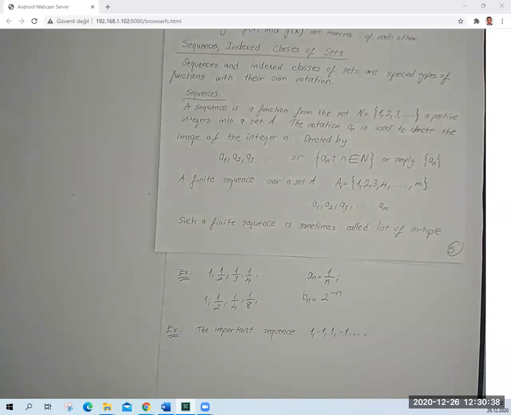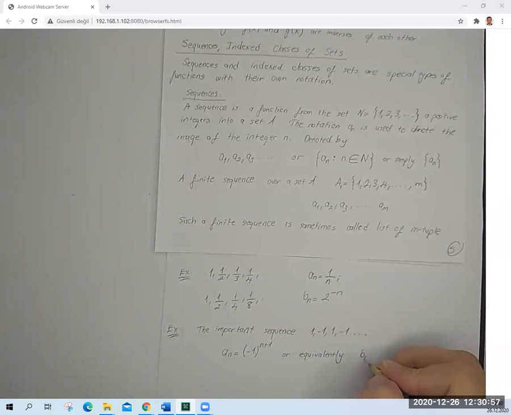We can write that sequence as a_n equal to minus 1 to the power n plus 1, or similarly, equivalently, we can also write the sequence as minus 1 to the power n. N is going to be 1, 2, 3, and then you will get that sequence or that series.